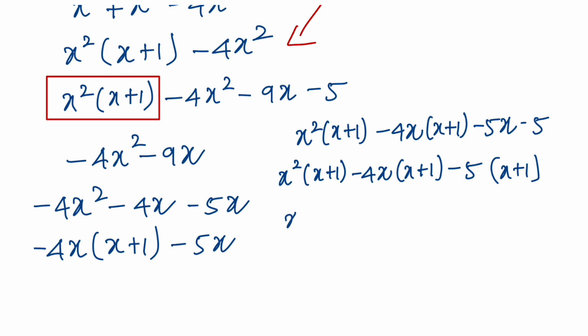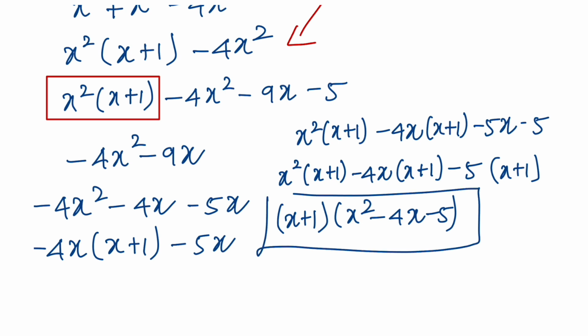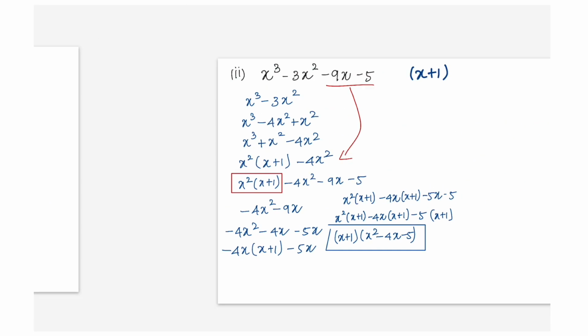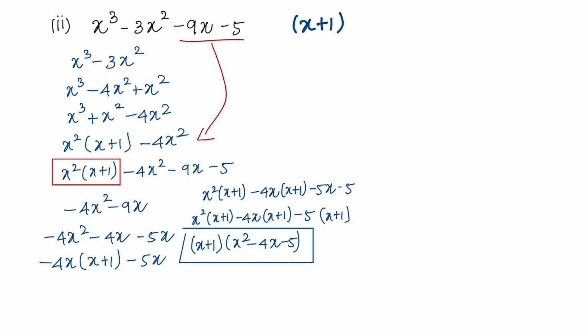So you can take that x plus 1 outside as a common factor and that leaves you with a quadratic polynomial, that is x squared minus 4x minus 5. Okay, and this is the crucial part. After this, it's going to be a breeze for you. It's going to be very easy to solve this from now on.